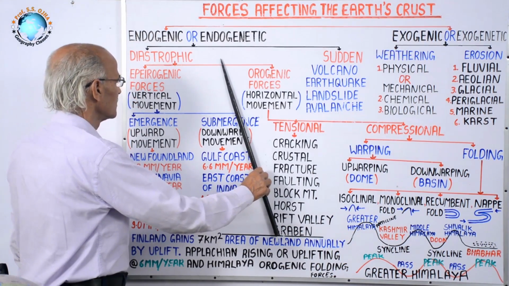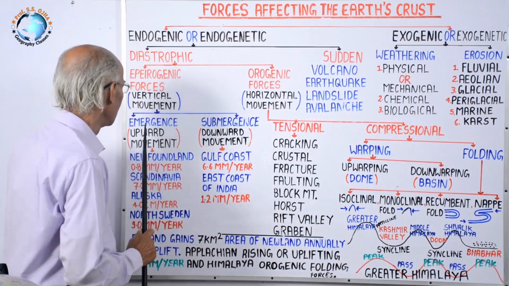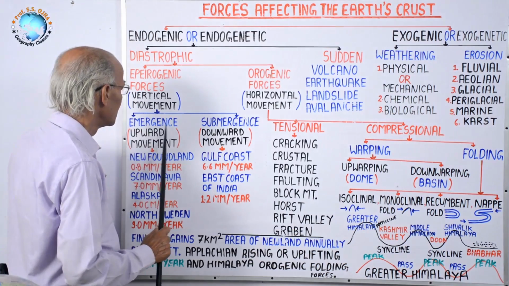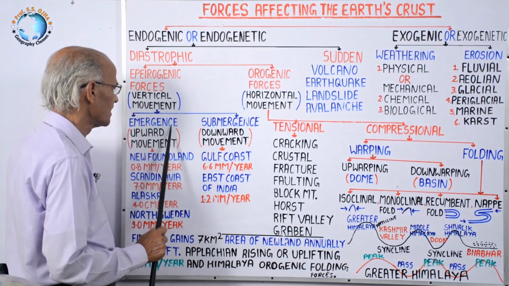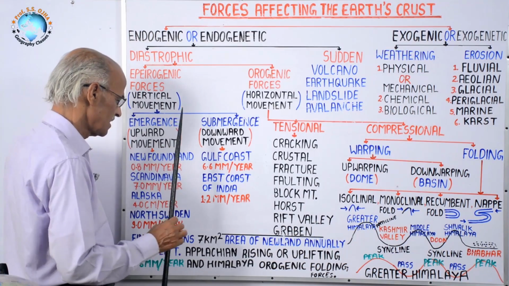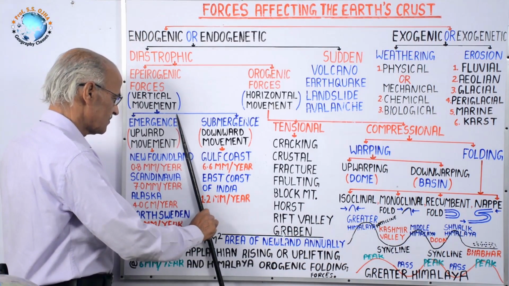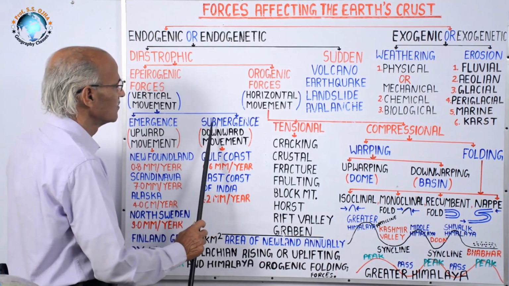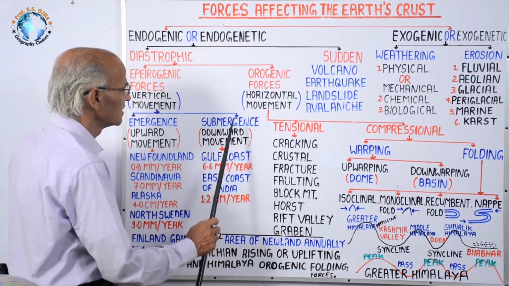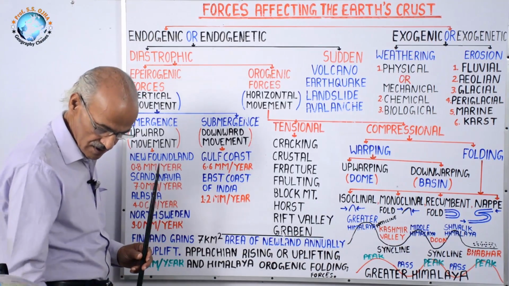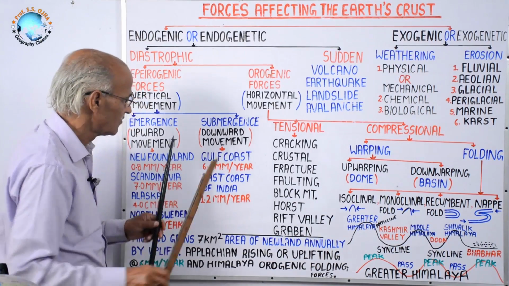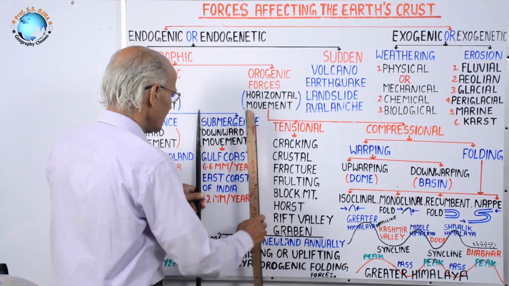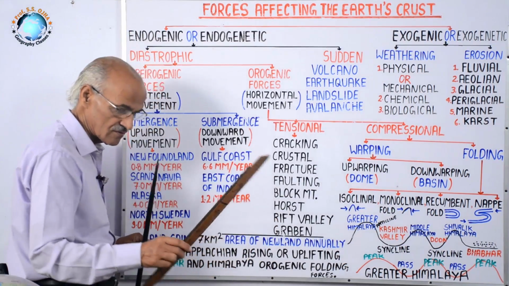But if short notes are on either emergence, or emergence and its resultant landform and process, then you will write this much matter. If there is a short question on what is submergence, then your answer will be only this short answer, and you will give examples also.